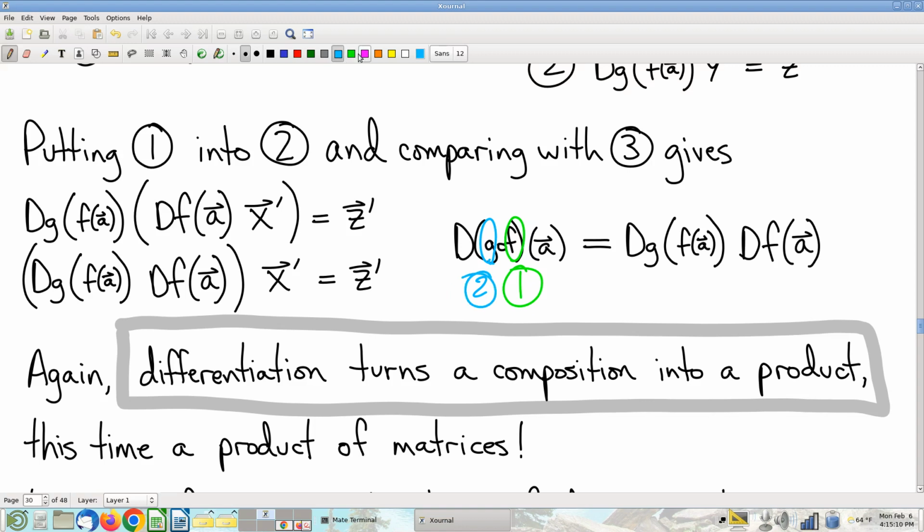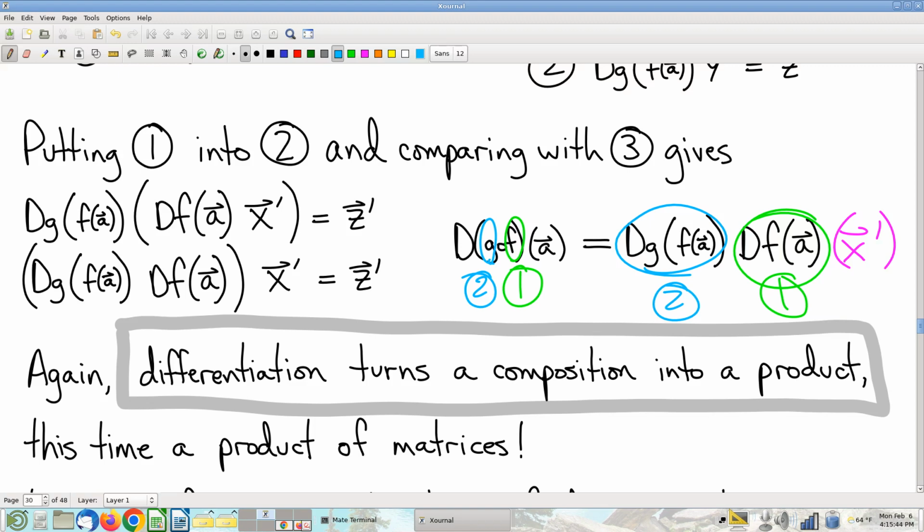Well, then what you're going to do to X prime, in other words, to what these matrices act on, what you're going to do is first multiply by the DF matrix, which gives you Y prime, and then that you will then multiply by DG to get Z prime. So again, it's just a two-step process, and these matrices do the two steps, and altogether, that's what the combination is.